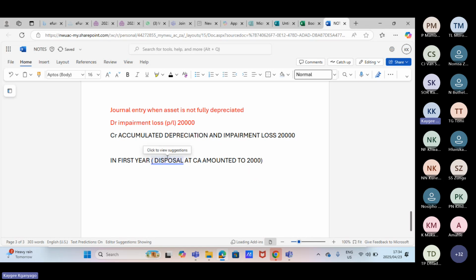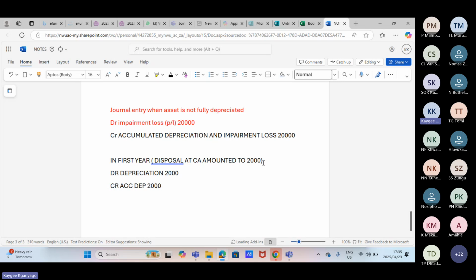In terms of last year's work, this means that you were going to debit depreciation with the amount of 2,000, and then you credit accumulated depreciation with the amount of 2,000.